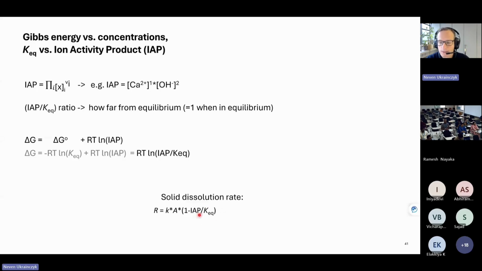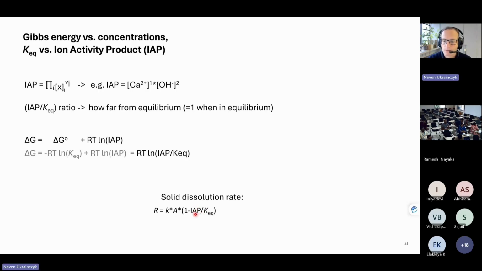If you reach saturation, the ion activity product will be equal to K equilibrium. So basically this is 1, and you have 1 minus 1, you have 0. So in the saturation, your thermodynamic driving force is 0. And that's why the kinetics is 0. You reach equilibrium. And the further away you are from the equilibrium, so if your ion activity product is 0, for example, when you mix cement and water, in the initial millisecond when you start to dissolve cement, basically you don't have anything in solution, any ions, any calcium dissolved.